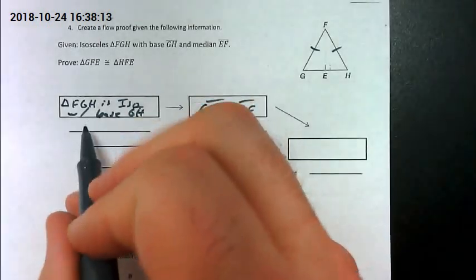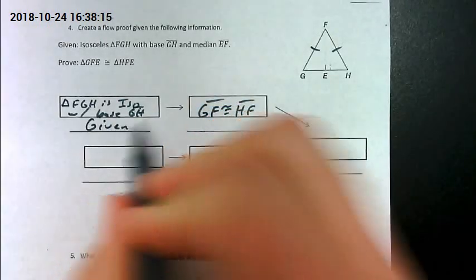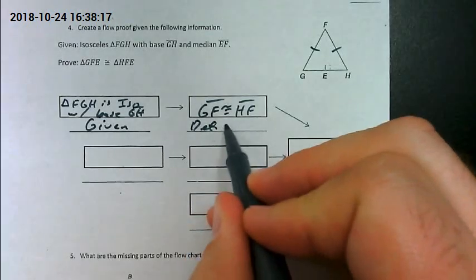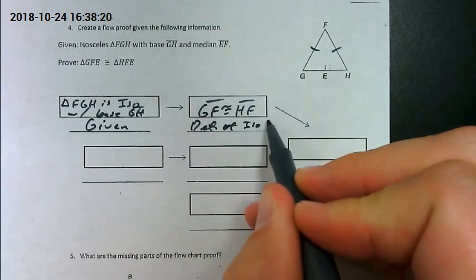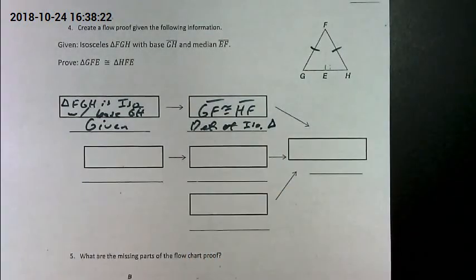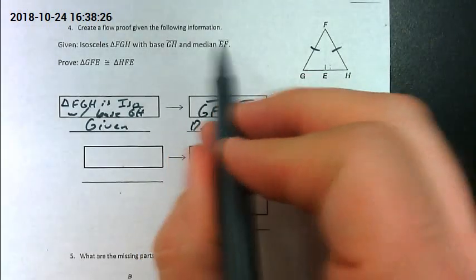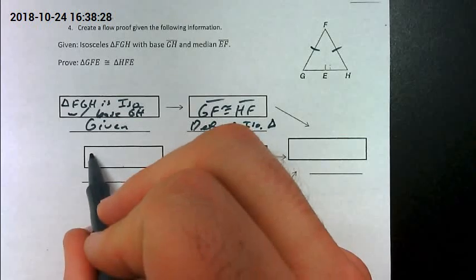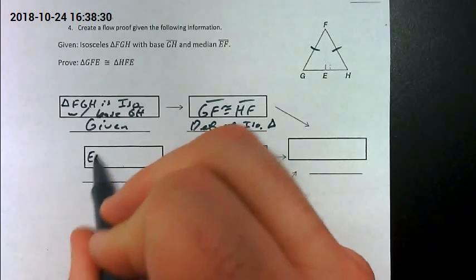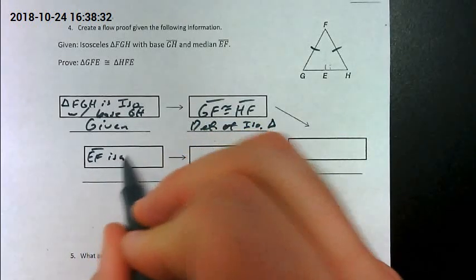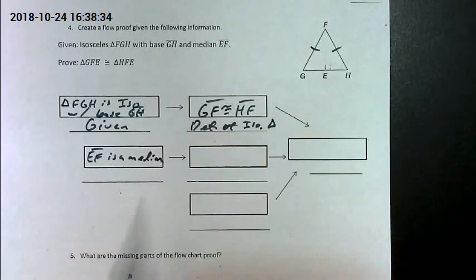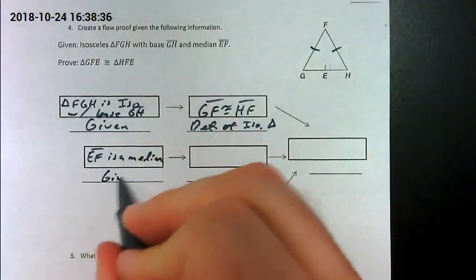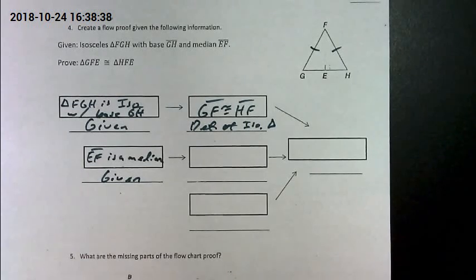So this one's given, and this is definition of isosceles triangle. Now, the other thing that was given is that this is a median. If I only use that information, and that's given, so, guys, in a couple sections, we're going to go over medians.